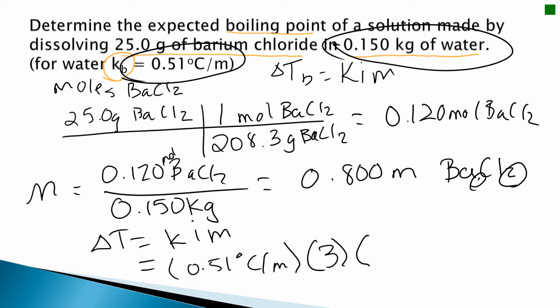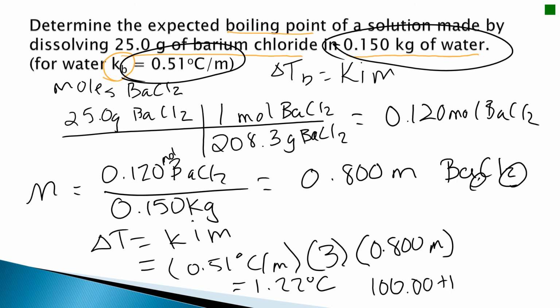And then its molality, which I just calculated, was 0.800 molal. When you multiply it out, you get 1.22 degrees Celsius. When I ask for the new boiling point, water boils at exactly 100 degrees, and I'm going to add 1.22 degrees. So now my water will boil at 101.22 degrees Celsius.